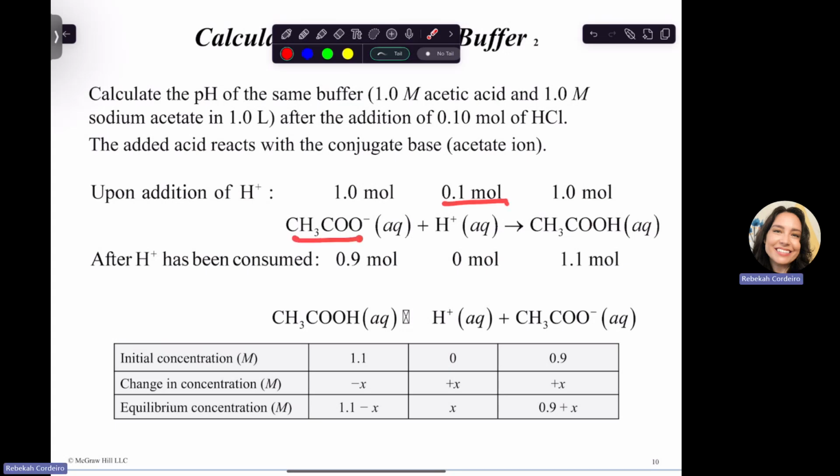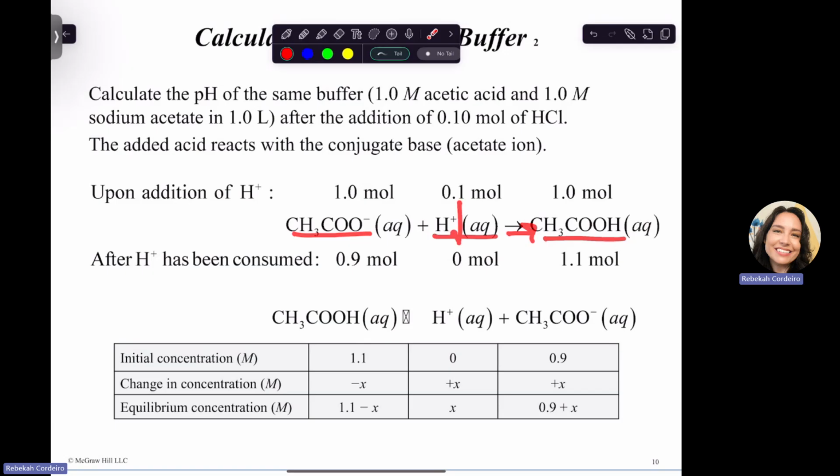Well, the base is going to neutralize that 0.1 mole. It's a 1-to-1 mole ratio, do you see? We'll be taking 0.1 mole from the base and 0.1 mole from the acid to make 0.1 mole of the product.